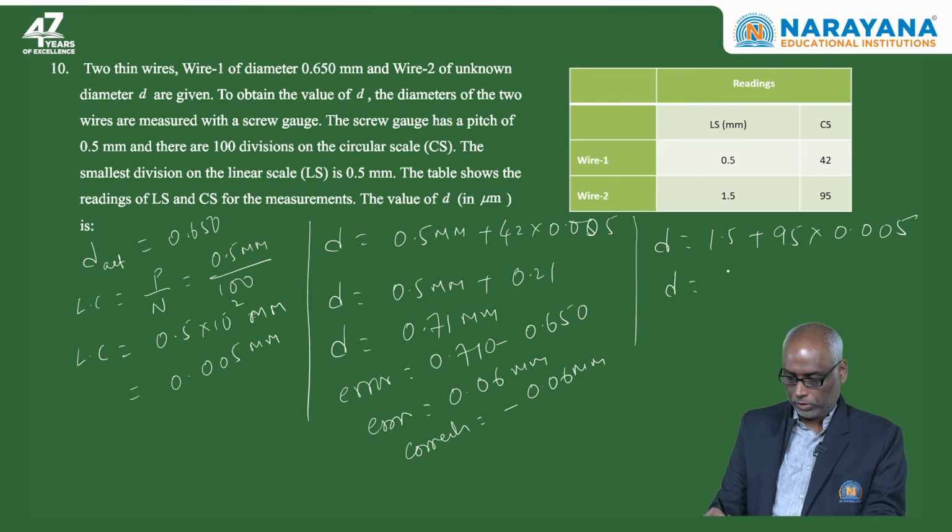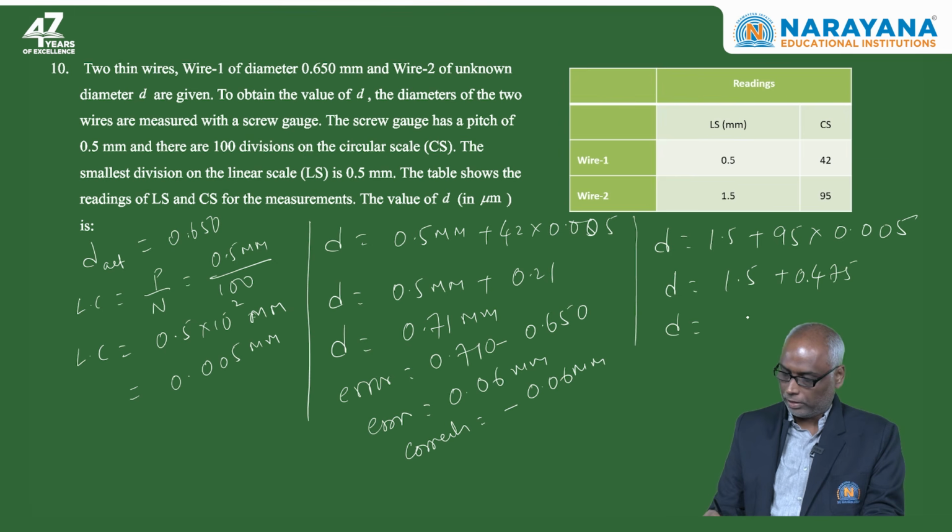So, diameter is equal to 1.5 millimeter plus 95 into 0.005, which is 0.475. Sorry, 95 into 0.005 is 0.475.